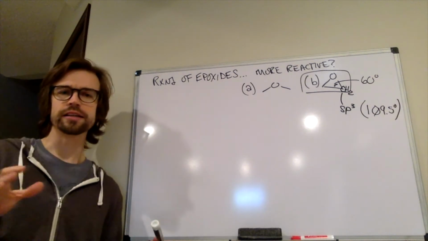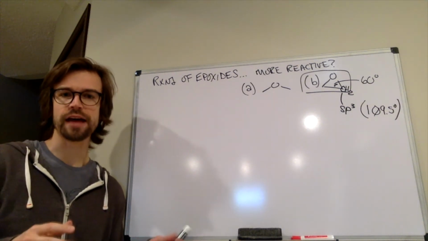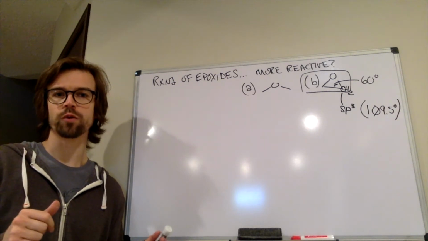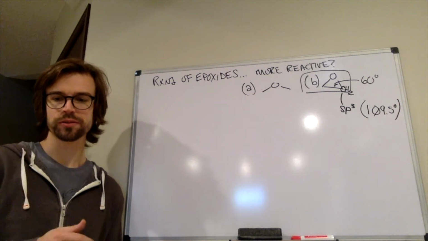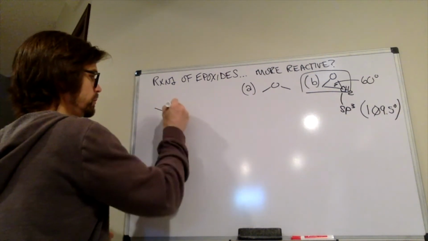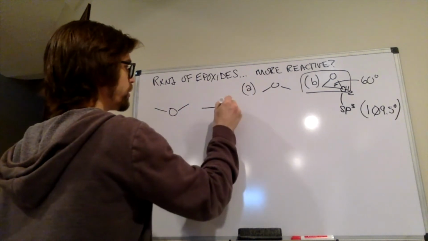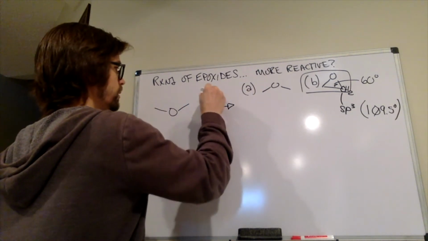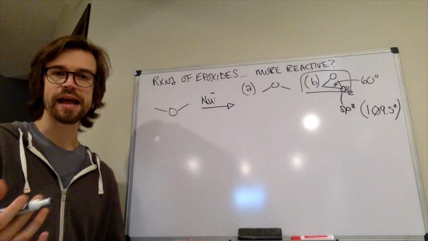And really, it turns out that epoxides kind of break a lot of the rules that we've heard about for oxygen-type functional groups. So what do I mean by that? Well, if we take this ether right there and we add a strong nucleophile to that, or really any nucleophile, what's going to happen?